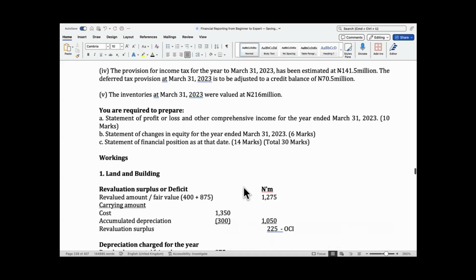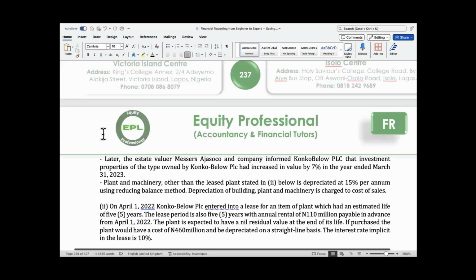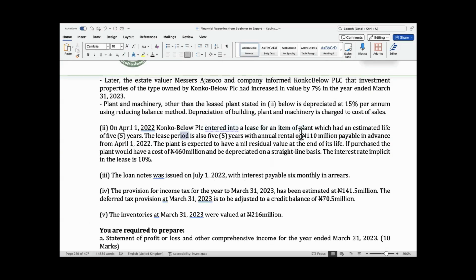This one, you said the guy leased the plant. The plant has 5 years. The lease period is 5 years. The lease rental is 110. And he pays this rent in advance. It's payable in advance every year.